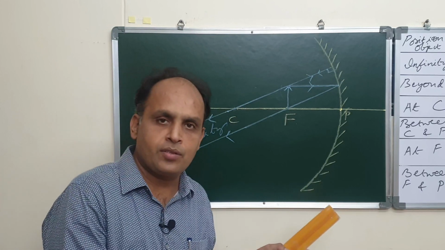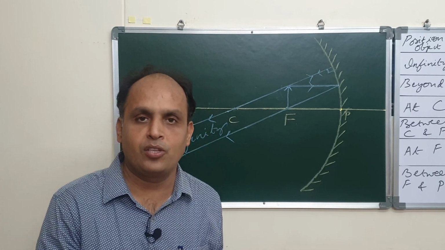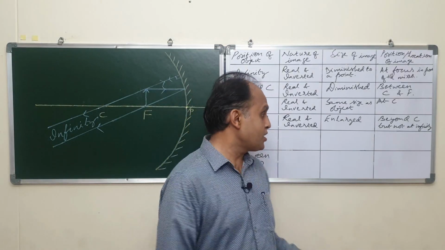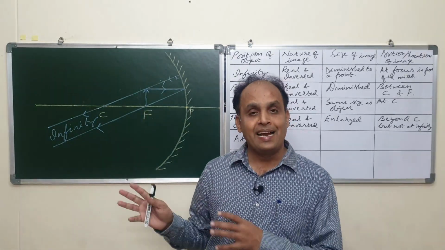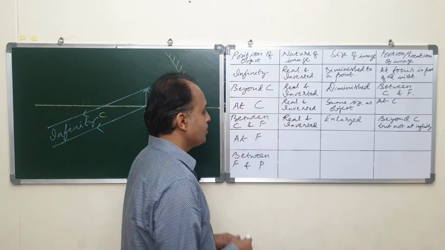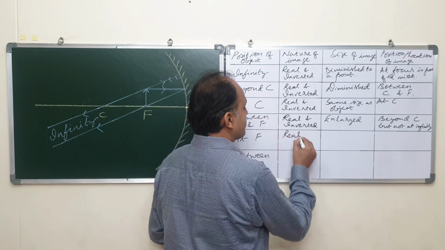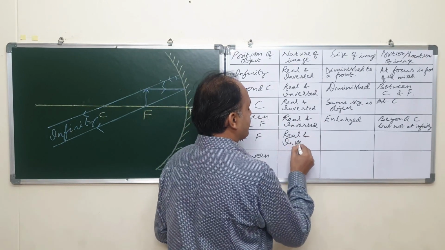So now let us study the characteristics of the image formed in this situation. As I said, the rays of light are going to meet at an infinite distance. So even here the image is real and inverted.